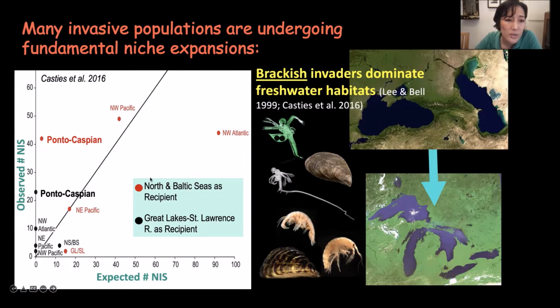And what's really interesting is that if you look at the actual observed number of invasive species, there's an incredible enrichment of these species from brackish water environments relative to what you would expect based on propagule pressure and transport opportunity. So these habitats are dominated and heavily enriched by brackish water invaders.